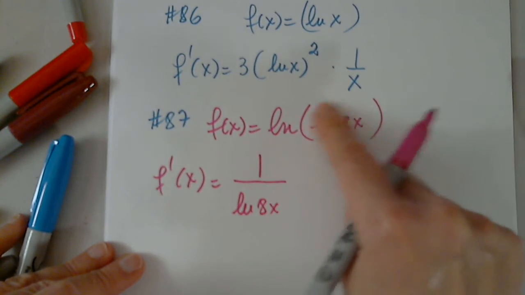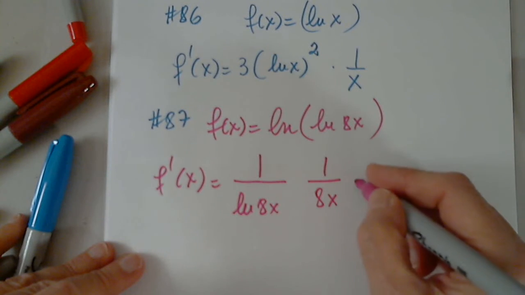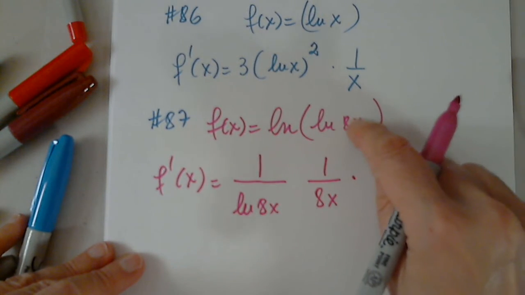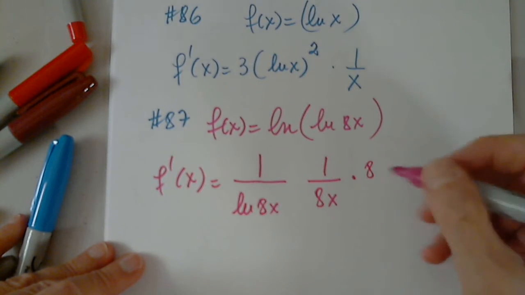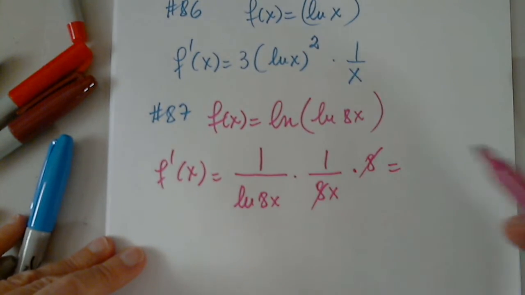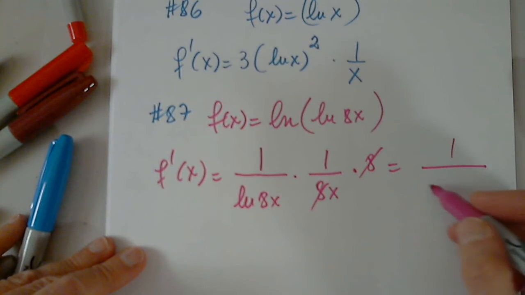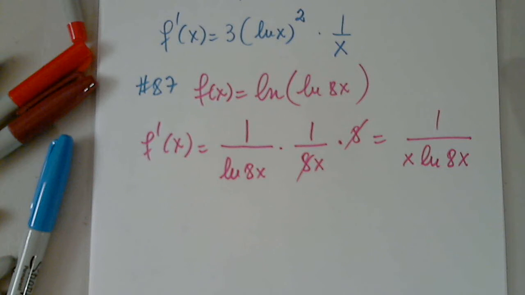Now I have to differentiate natural log of 8x, which is 1 over 8x. But it's multiplied by the innermost function prime, which is 8. So I can do this because they're factors. So then I have 1 over x natural log 8x as the final answer.